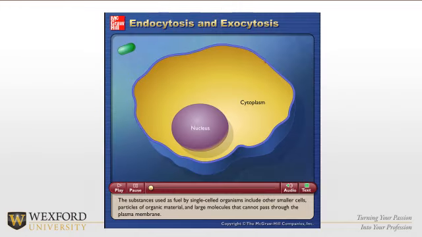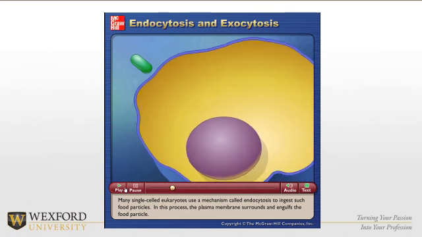So once again, one last little animation from the publisher. The substances used as fuel by single-celled organisms include other smaller cells, particles of organic material, and large molecules that cannot pass through the plasma membrane. Many single-celled eukaryotes use a mechanism called endocytosis to ingest such food particles. In this process, the plasma membrane surrounds and engulfs the food particle.